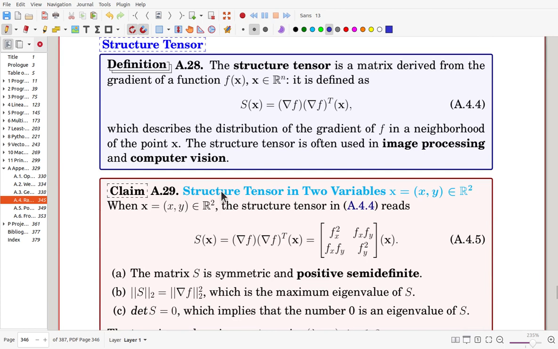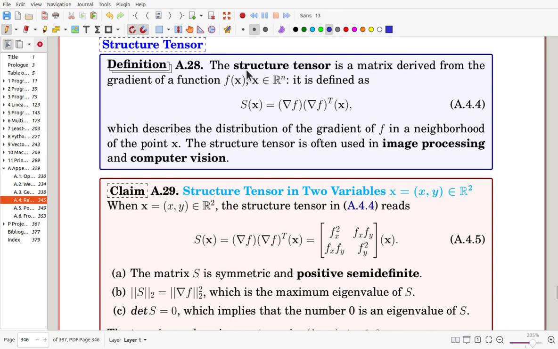Okay, now we'll go to the structure tensor. The structure tensor is a matrix in the form of a rank 1 matrix, like this one, the gradient of a given function times the gradient transpose. Let's see the definition.